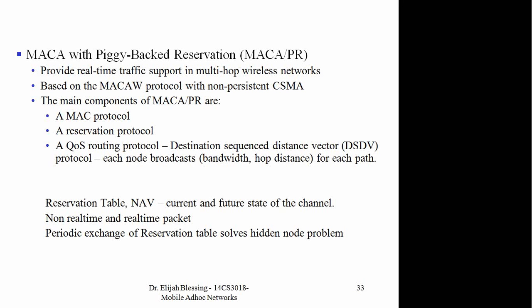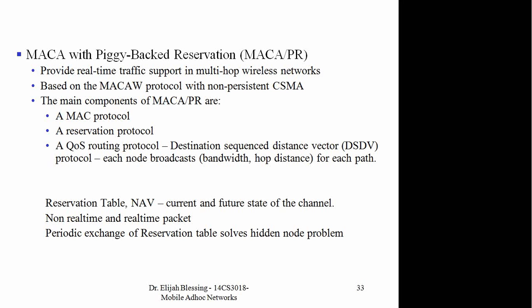Now, because we are maintaining a table at a node, it becomes mandatory that this table information, or the reservation information, be exchanged on a periodic basis to ensure that the reservation table is updated properly, so that there is no collision in subsequent transactions.